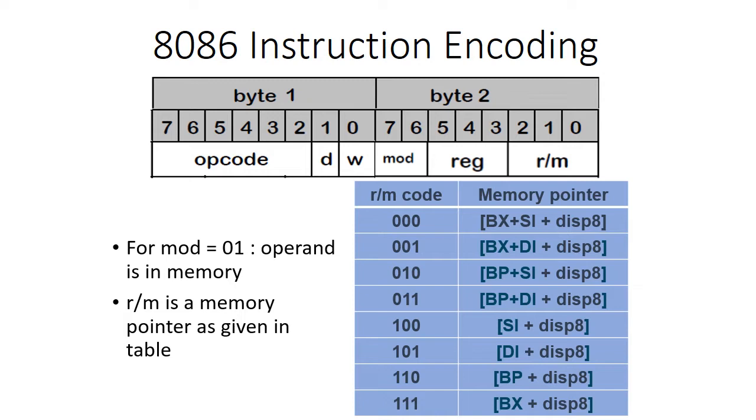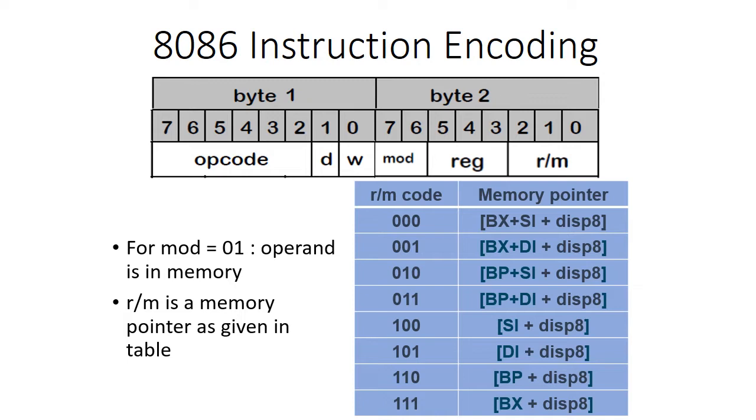The pattern 110 and the pattern 111 specifies based addressing with the displacement for the operand. The base registers and the index registers for each pattern are as shown in the table.